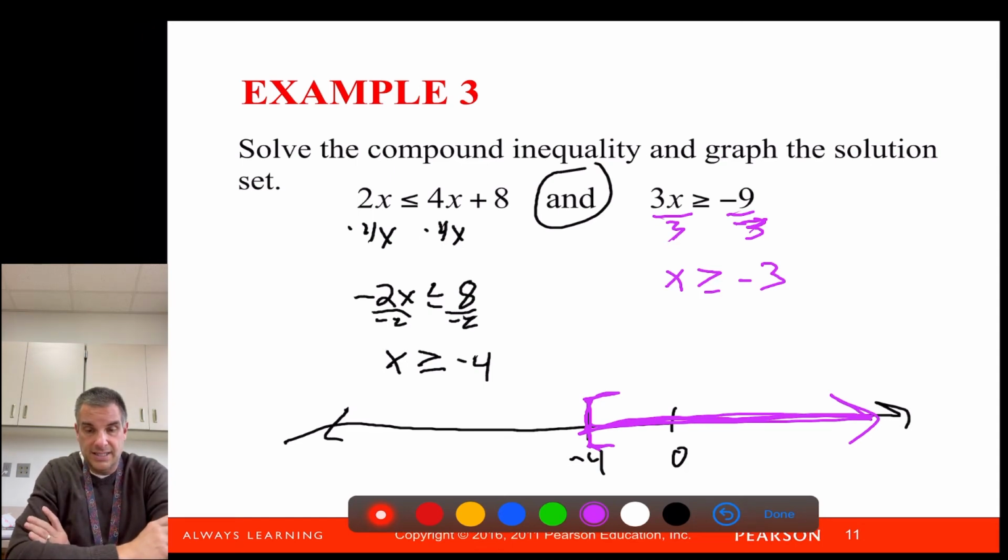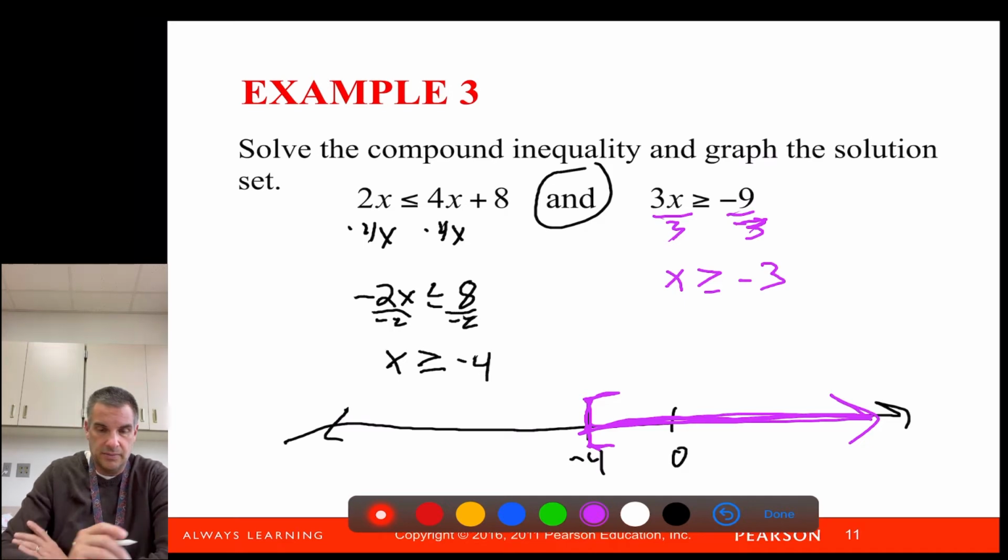So we get x is greater than or equal to negative 3. Just double check to make sure I did this right. Looks right. So go to negative 3. I'm going to put a line at negative 3. It says x is greater than or equal to negative 3, so it's going to be a bracket and it's greater than it.